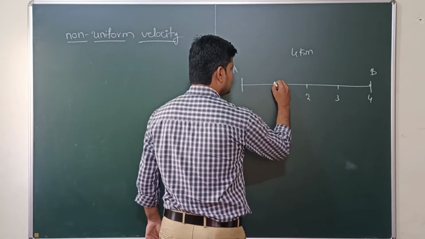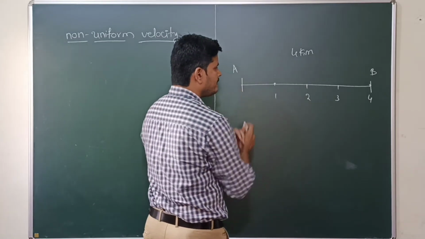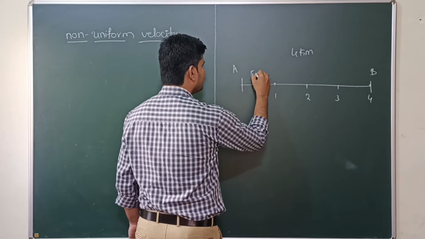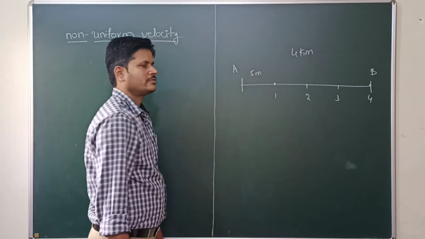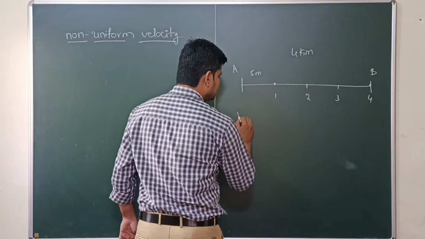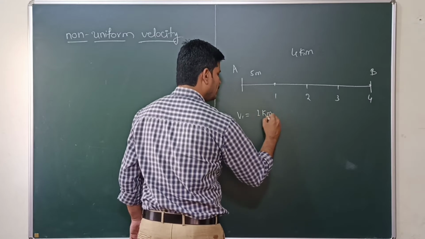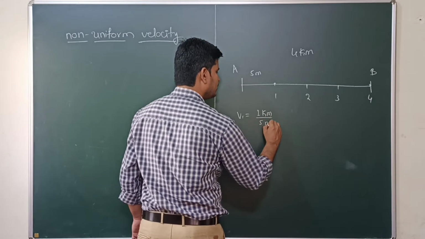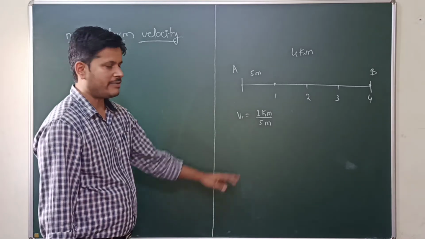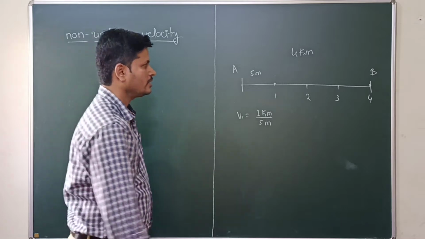If the particle takes 5 minutes to cover the first displacement, then the velocity v1 is 1 kilometer divided by 5 minutes, that is 1 by 5 kilometer per minute.